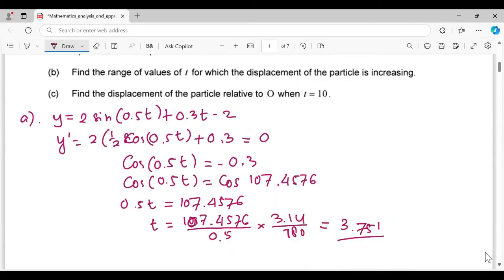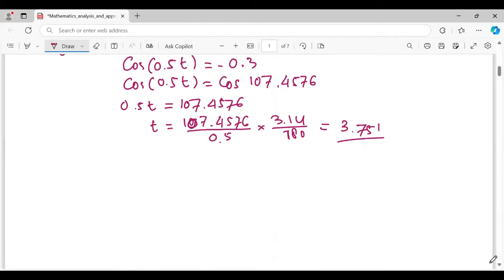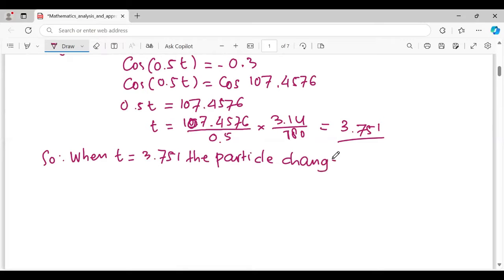I would like to write in the conclusion: when t equals 3.751, the particle changes its direction.